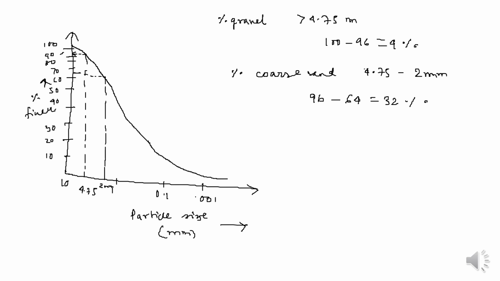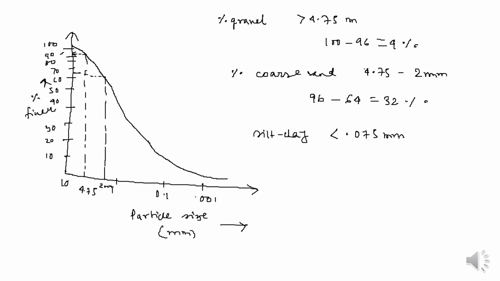Next, we have been asked to find the silt and clay fraction, which represents the particle size less than 0.075 millimeter. We see from the table that corresponding to the IS sieve size 75 micron, the percent finer is 4%.